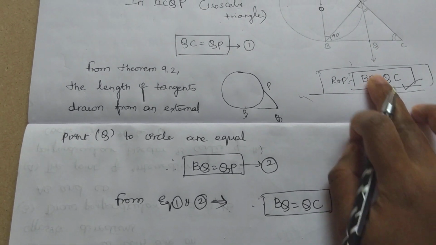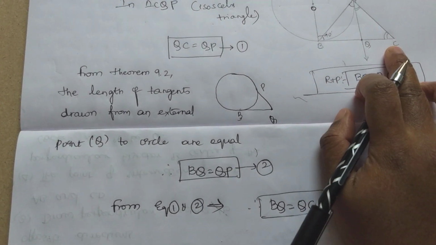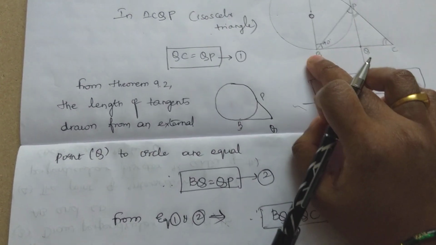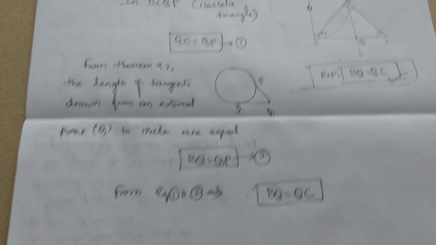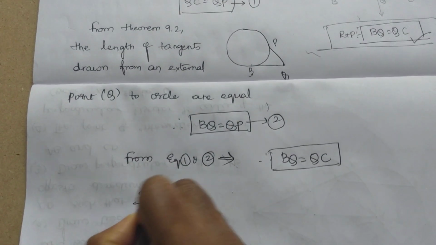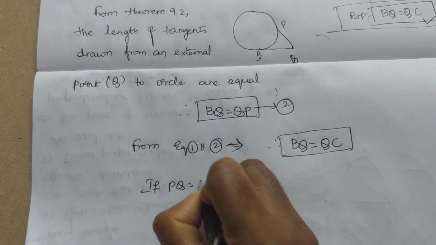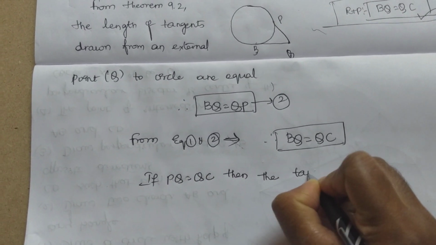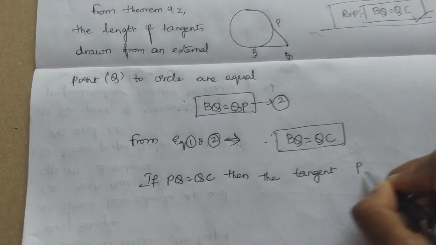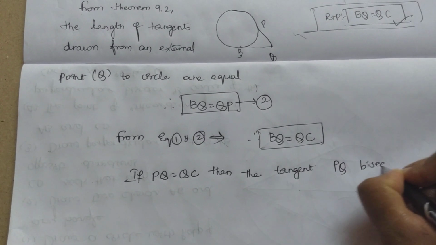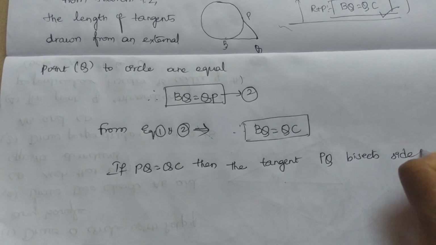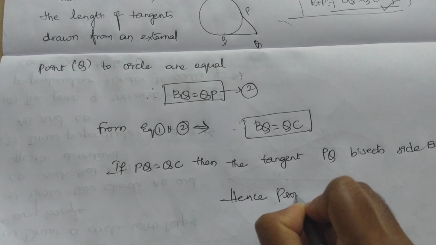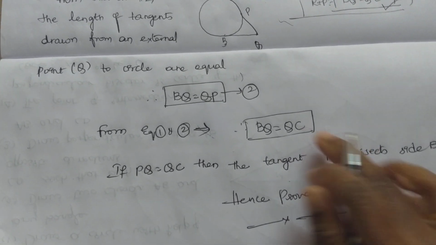BQ equals to QC means that the tangent PQ bisects the side BC. Hence proved. BQ equals to QC.